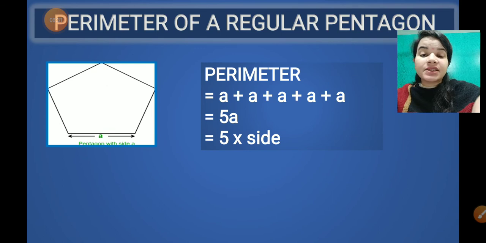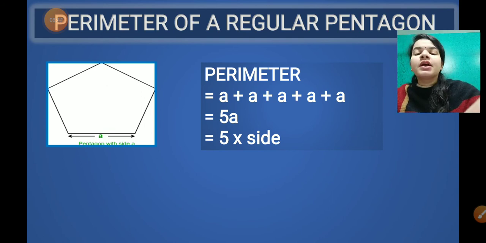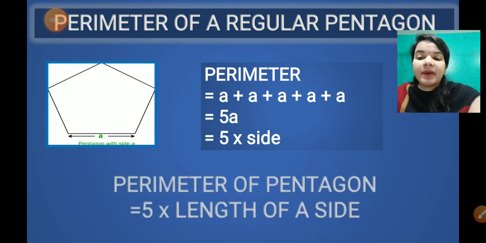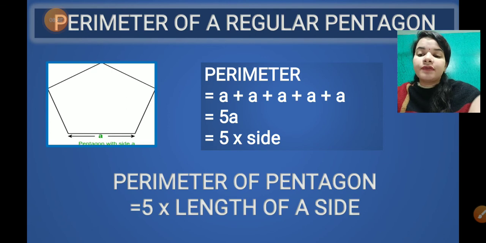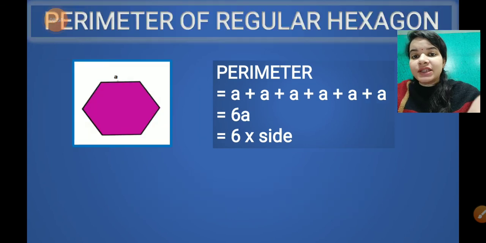Suppose if the side is A, you will add A 5 times, then you will get 5A. That means 5 into side. Clear? So in this way the perimeter of a regular pentagon comes out to be 5 into length of a side. Clear? Now moving on to our last figure, that is a hexagon.